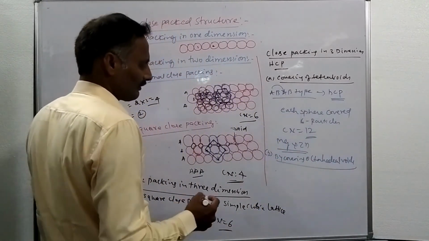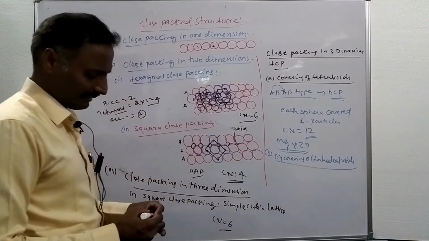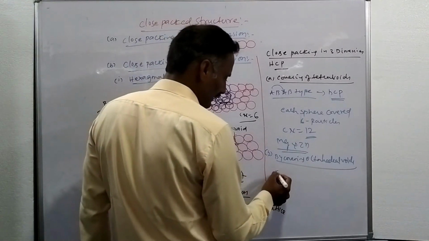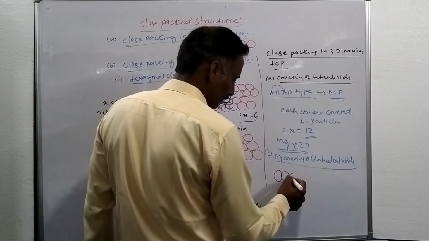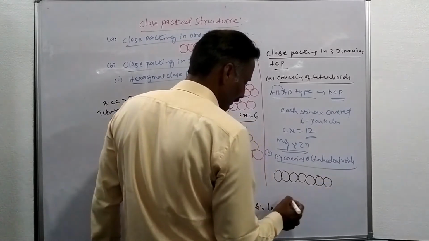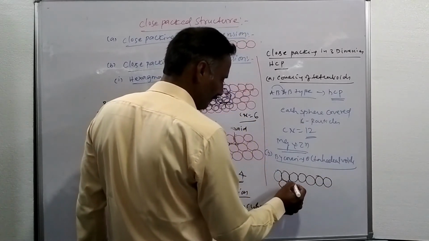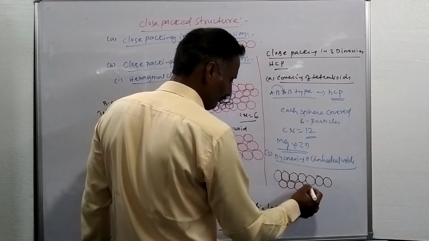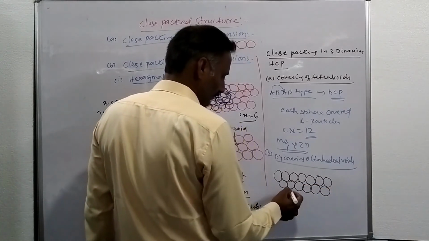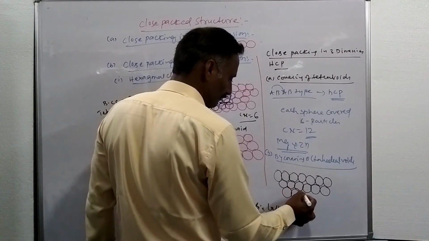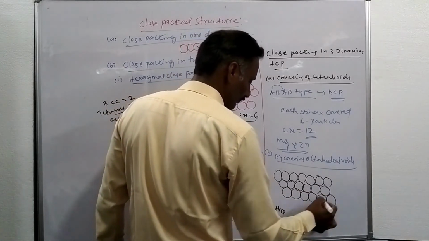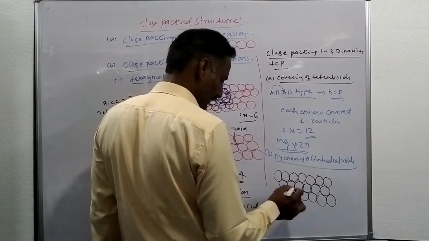For example, this is called the first layer, the first layer of the close packing lattice, and this one is the second layer. This is the A layer.